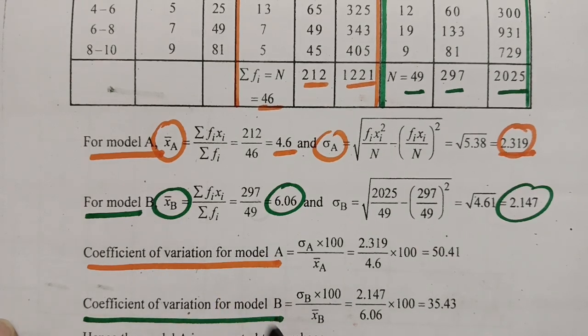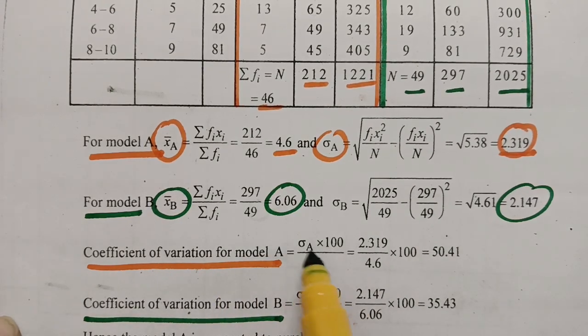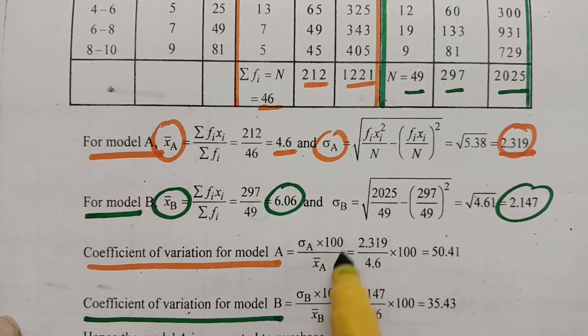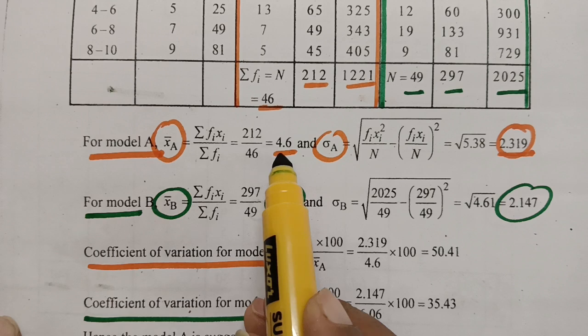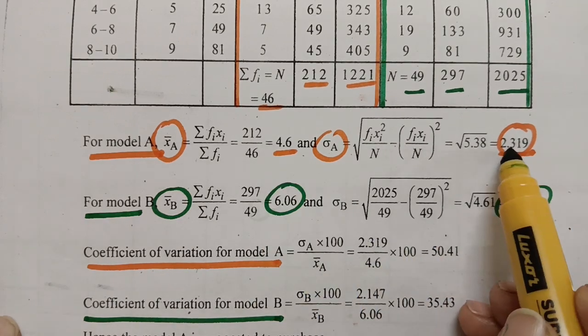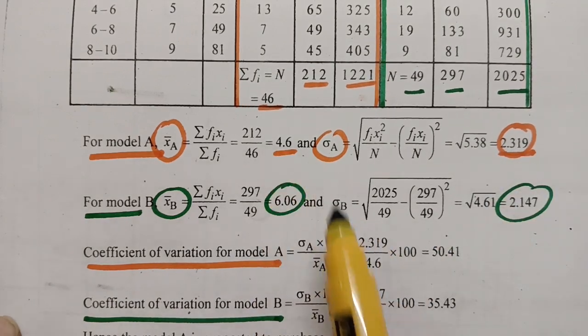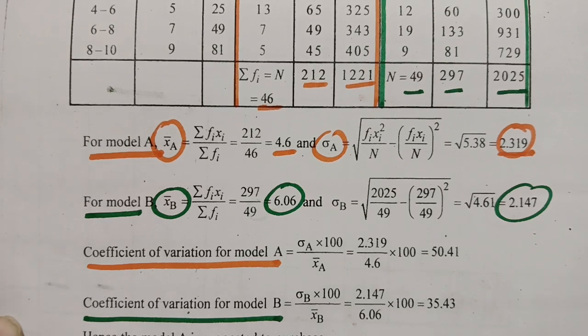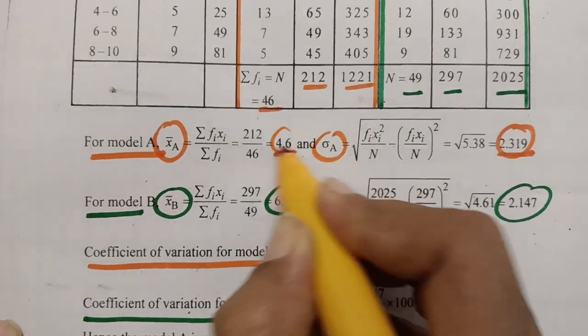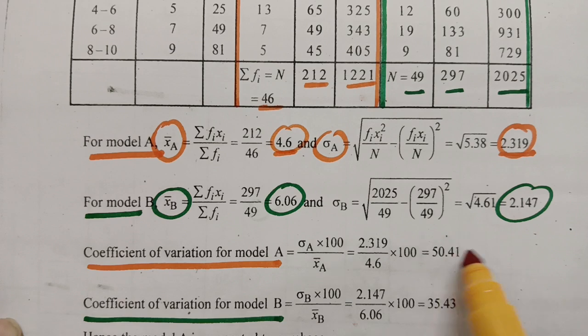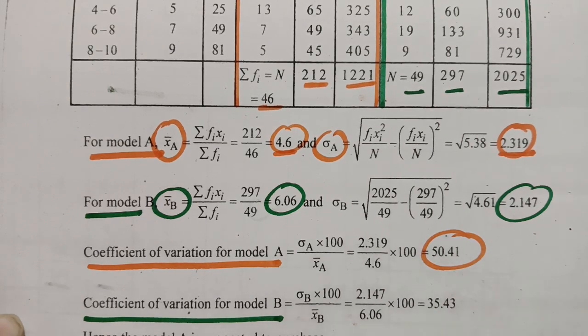Now the coefficient of variation, so the coefficient you have to compare. Here the formula is sigma A by x bar A into 100. For the first model, we have to take the first value, that is 2.319 by the value here, 4.6, into 100. The value here is 50.41.